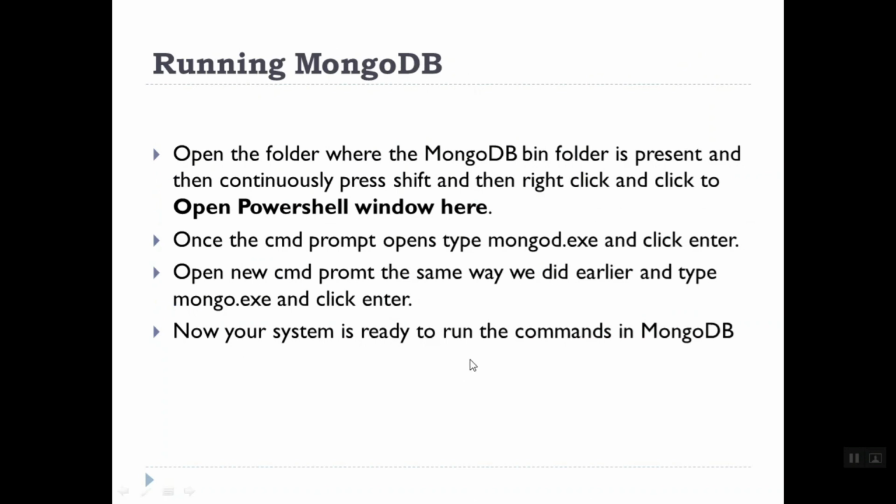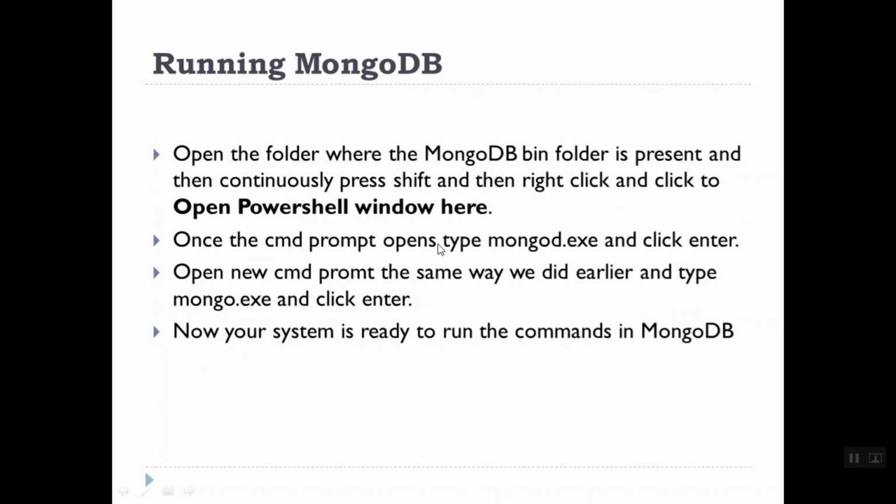After the download and setting the environment variable, we need to reach the bin folder in MongoDB, press Shift and right click, and the PowerShell window will open. Once the command prompt has opened at that path, we write mongod.exe and click enter, and the services of MongoDB start.